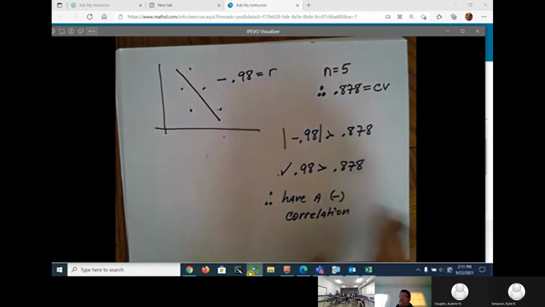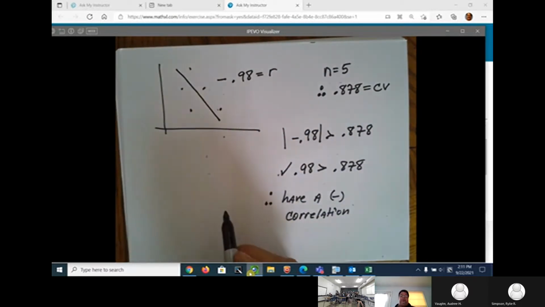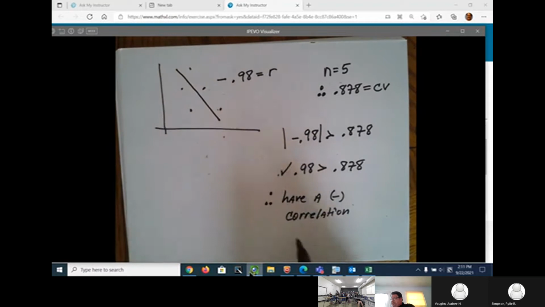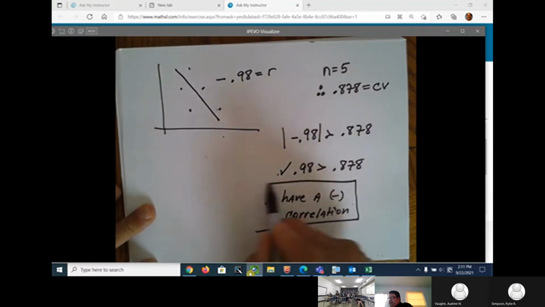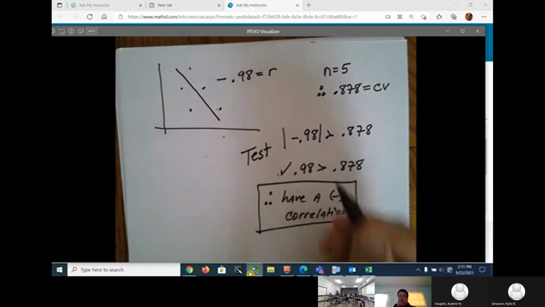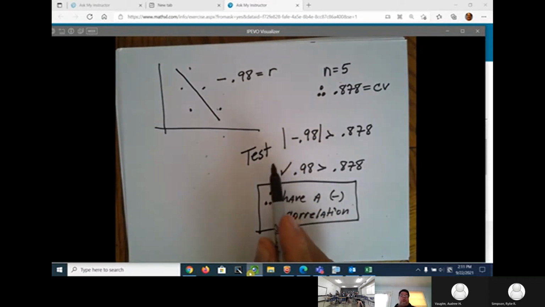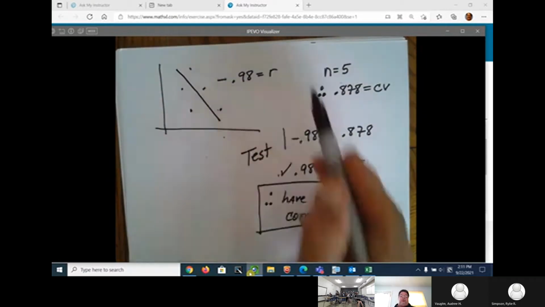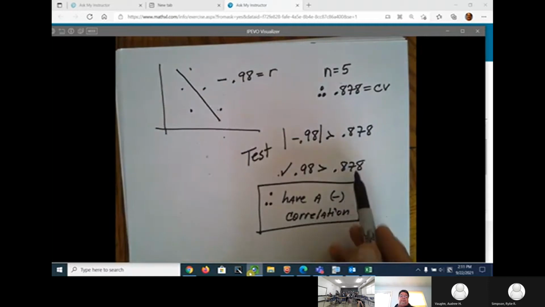So whether it's a negative slope or a positive slope, you're still going to say this at the end, but this is a test. You're testing the correlation coefficient R against the critical value.